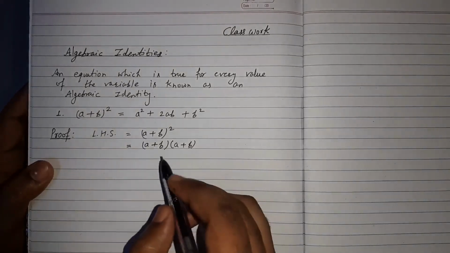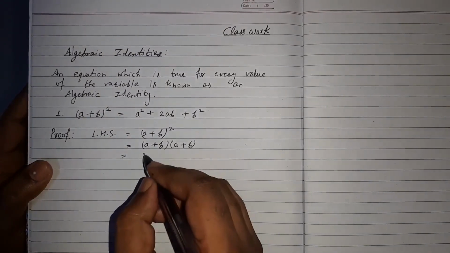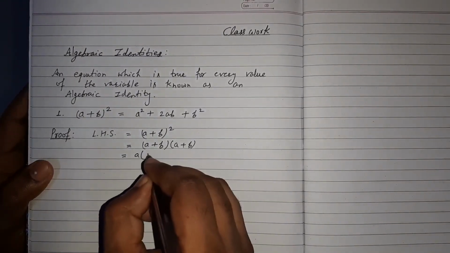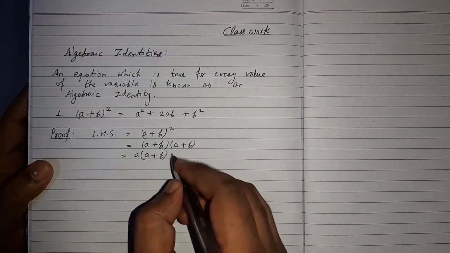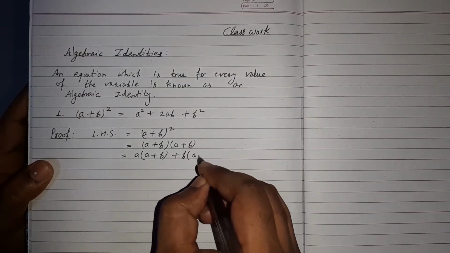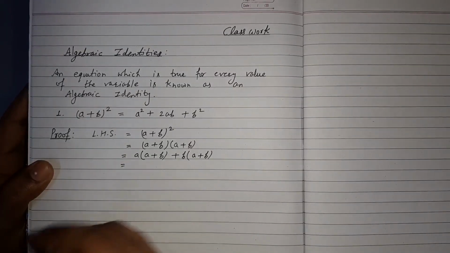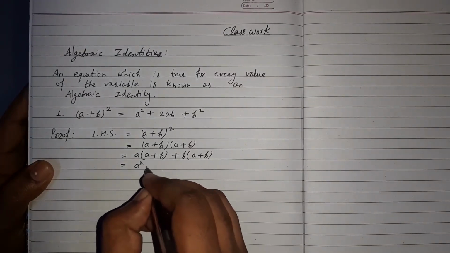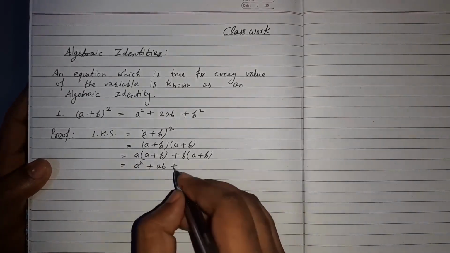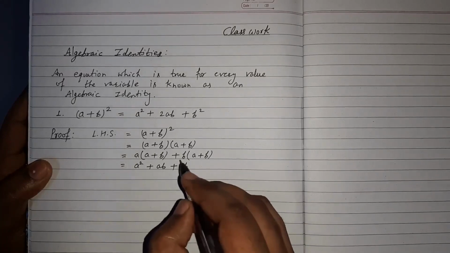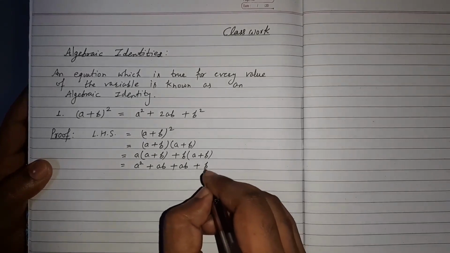Now we will simplify these two brackets. First we will take the first term of the first bracket and multiply by the second bracket (a plus b). Then we will take the second term of the first bracket with sign and multiply by the second bracket (a plus b). So a multiply a is a square, a multiply b is ab, plus b multiply a is ba, and plus multiply plus, b multiply b is b square.